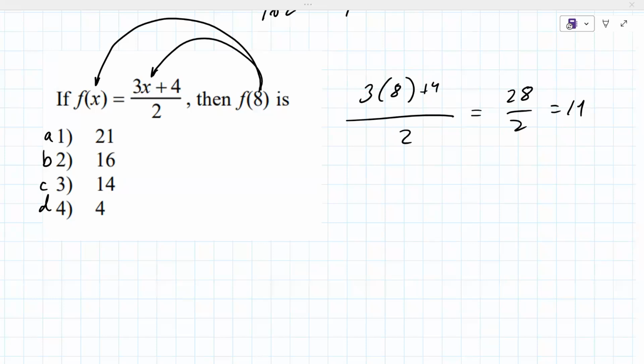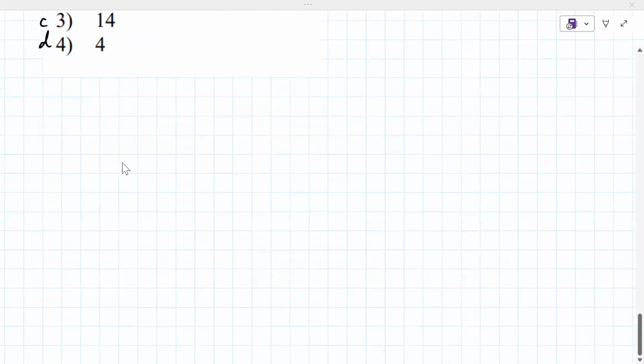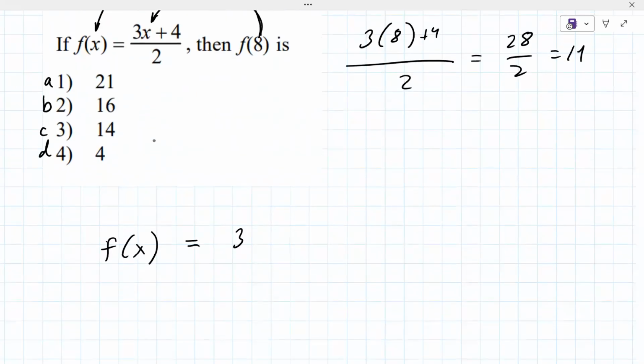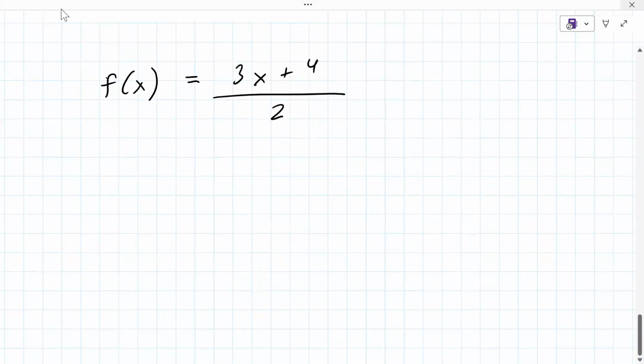The other style of problem is they give you the output. So let's say I come up with a function, actually I'll just reuse this one: 3x plus 4 over 2. In a different problem, they would actually tell you f of x equals, let's say 30.